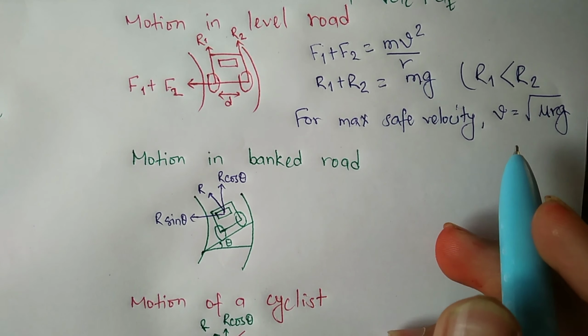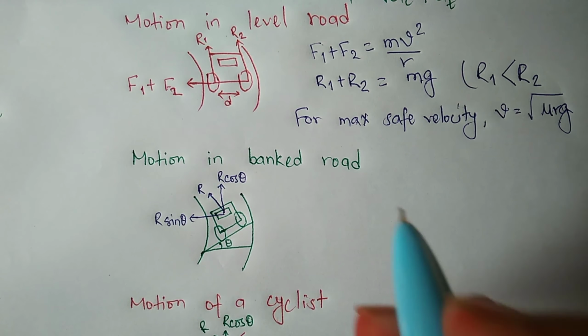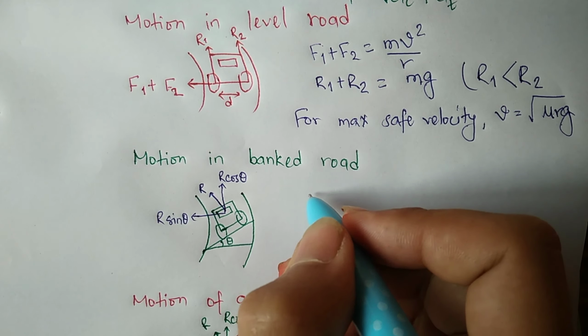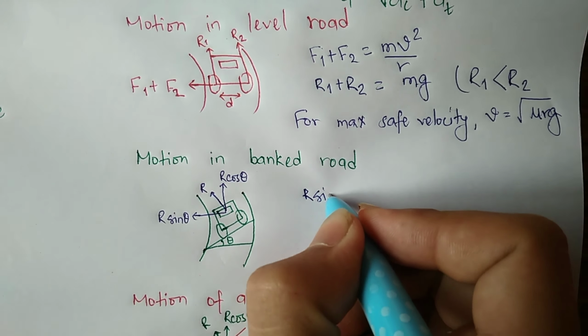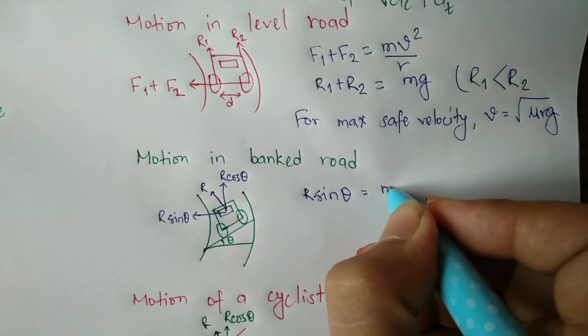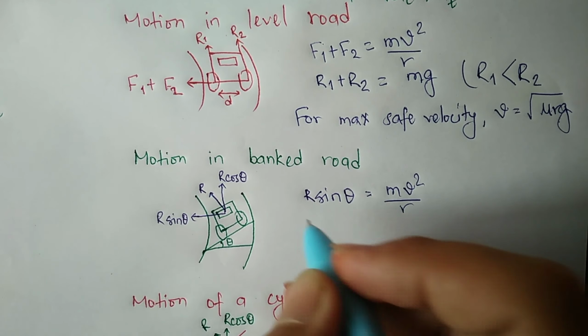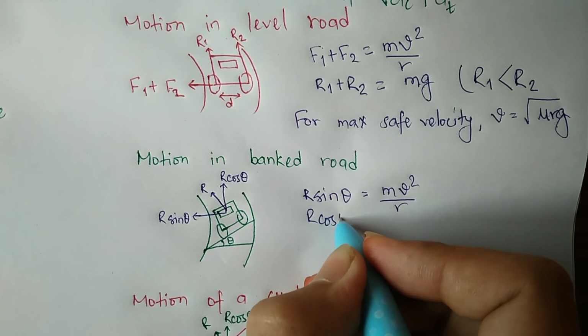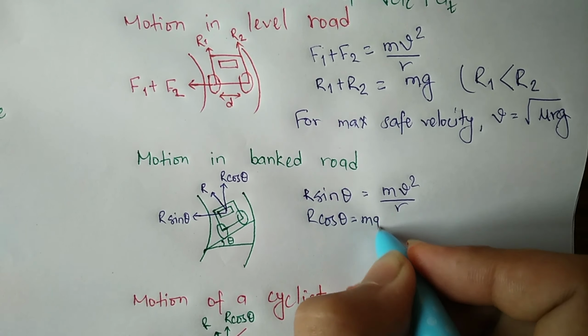So now let's discuss motion on banked road. R sin theta gives the centripetal force, and R cos theta balances the gravity.